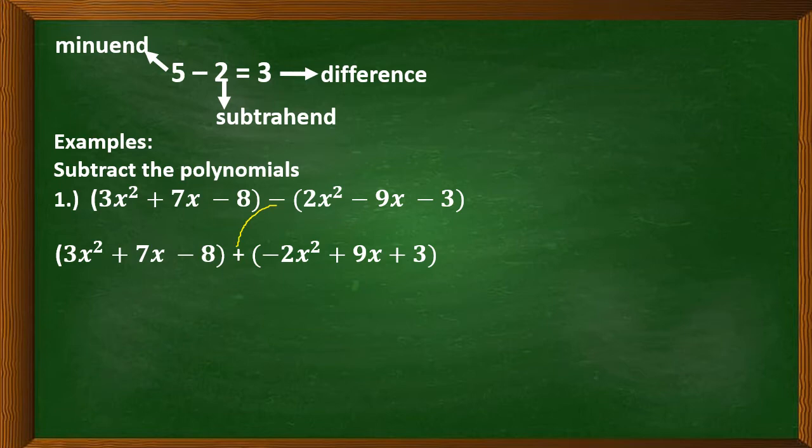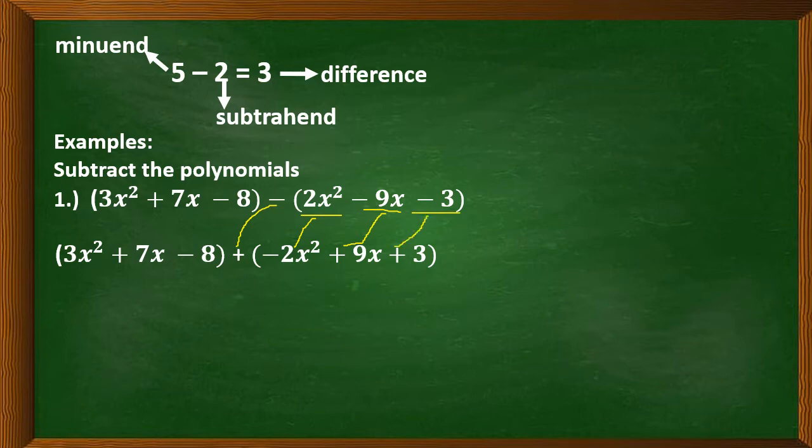The sign of every term in the subtrahend will be changed. So 2x squared is positive, so it became negative. Negative 9x became positive 9x. Negative 3 became positive 3.